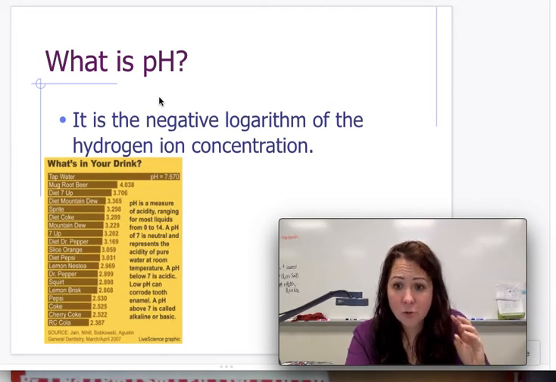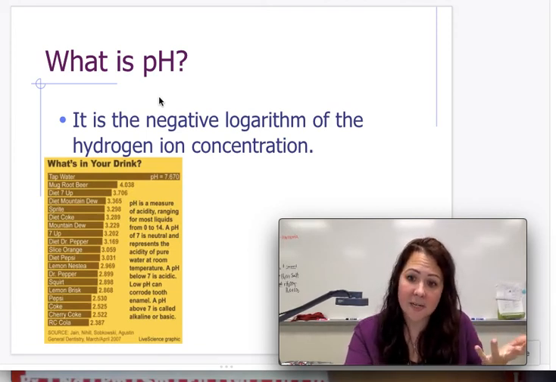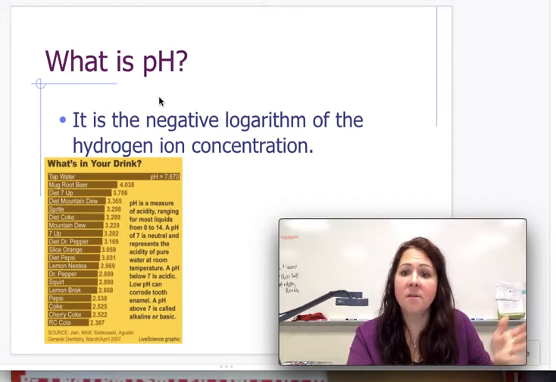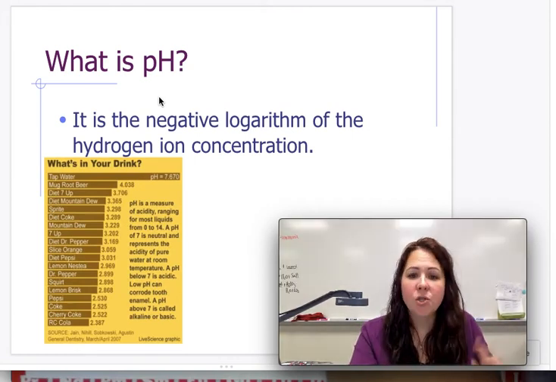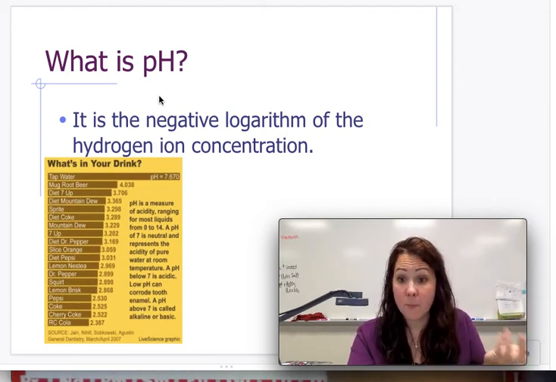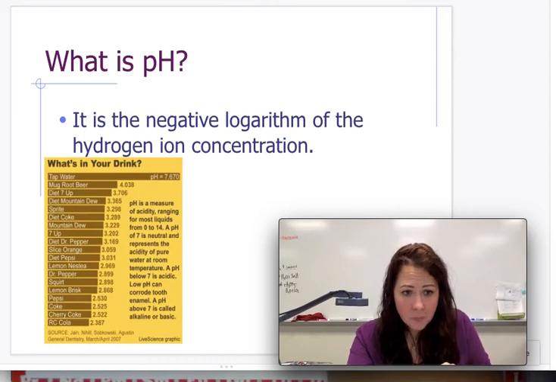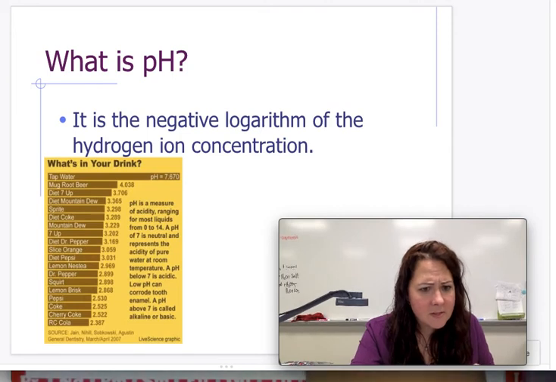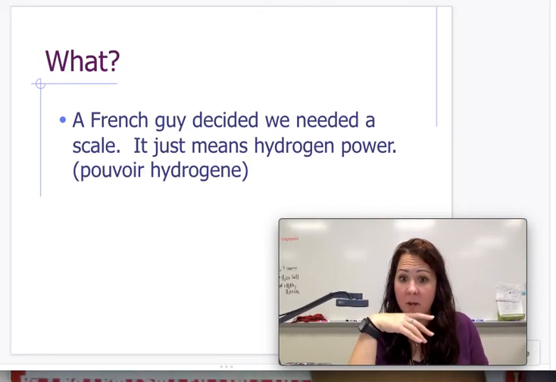The more hydrogen ions you have present, the more acidic something is. The fewer the hydrogen ions that are present, the more basic it is. So you have this sliding scale between 0 and 14 of your pH scale. 7 is neutral, and then you have your acids and bases from there, depending on what the number is.